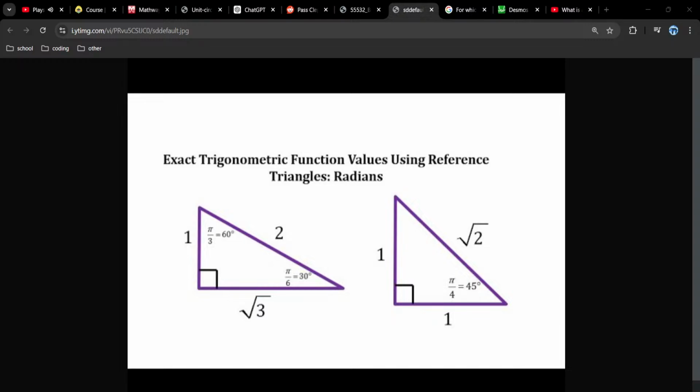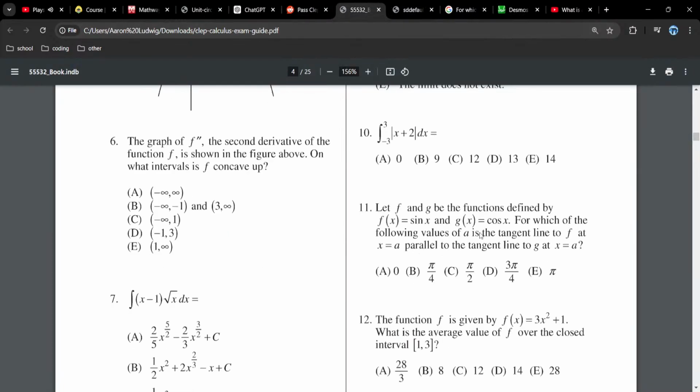Let's see, how can I check how many people are here? Okay. Whatever. So, let's do this.